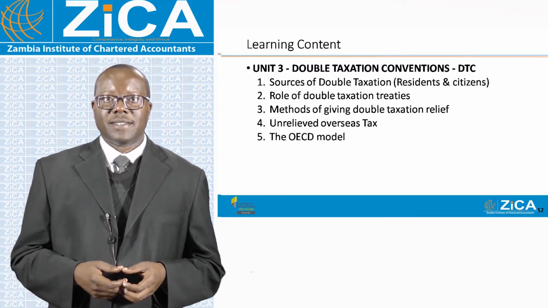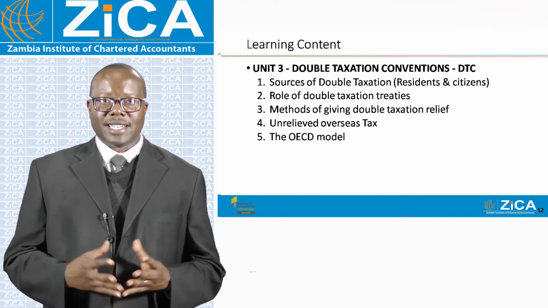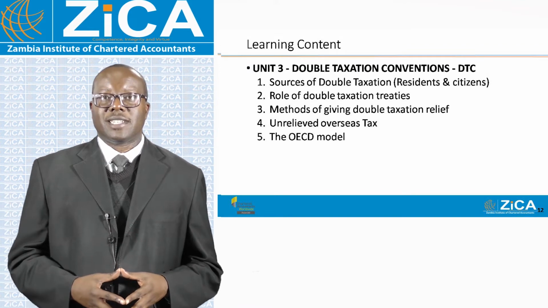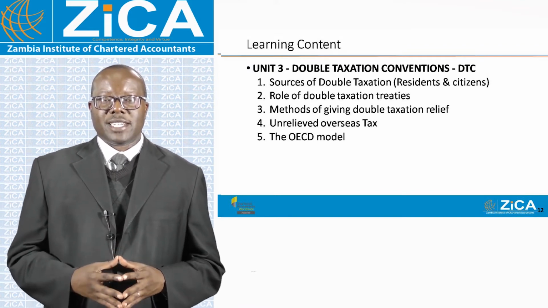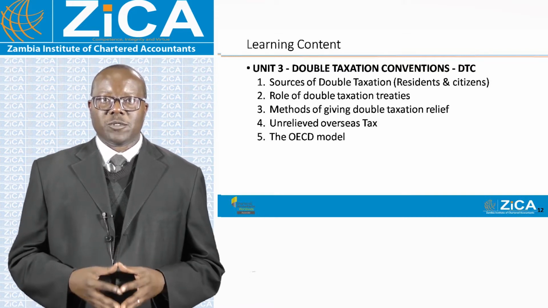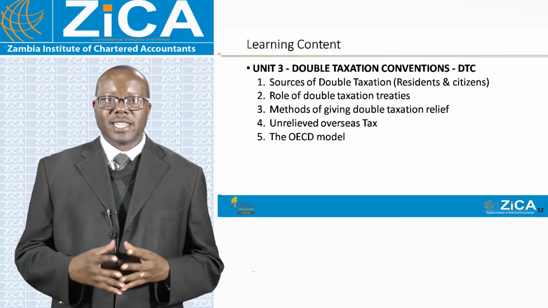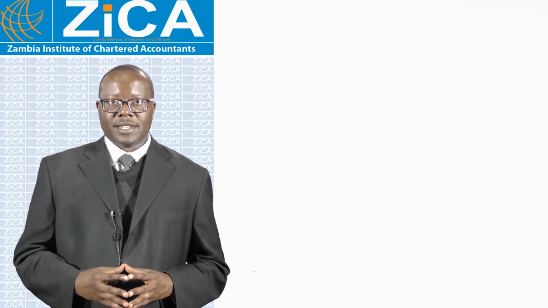How should this unrelieved overseas tax be accounted for? And lastly, the Organization for Economic Cooperation model. This is the model treaty produced by the OECD, which is usually used by various countries when they are developing their double taxation treaties.